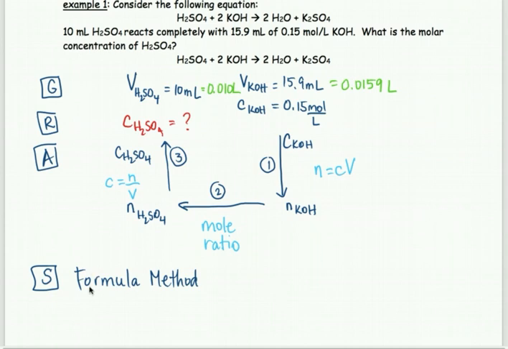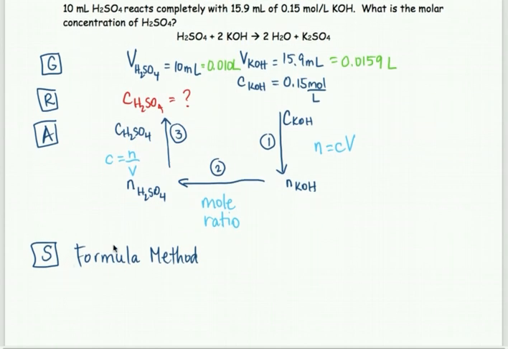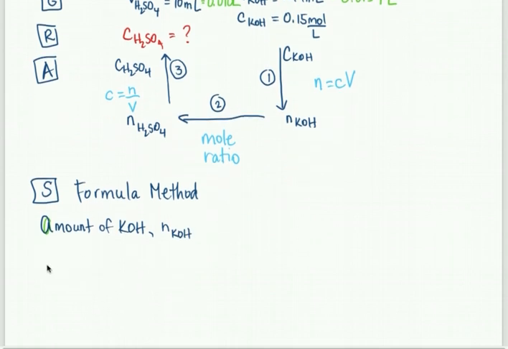So step one, we are going to go through this first step here. We're going to find the amount of potassium hydroxide. In order to do that, we need to use this formula here.